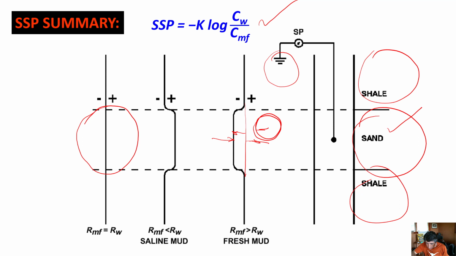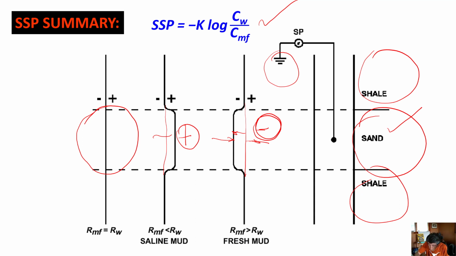And if the concentration of sodium chloride is higher in the mud than in formation water, then that will cause a positive deflection of the SP. So the polarity of the deflection is an indication of where we have higher concentration of sodium chloride. If the concentration is higher in the formation water, we have a negative deflection. And if the concentration is higher in mud filtrate, we have a positive one. So those are important elements to take into account.